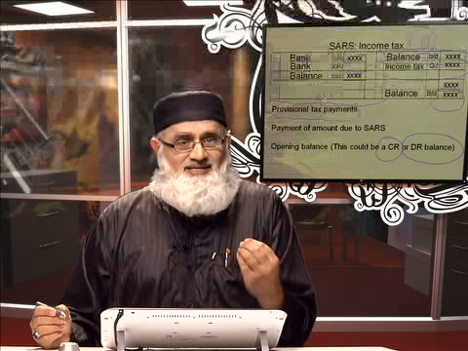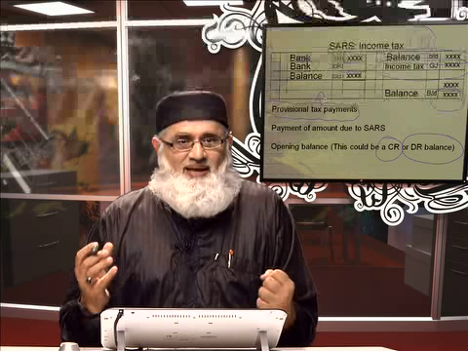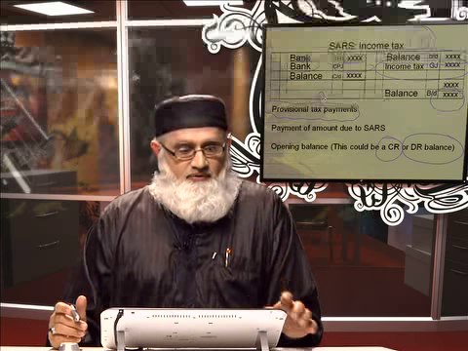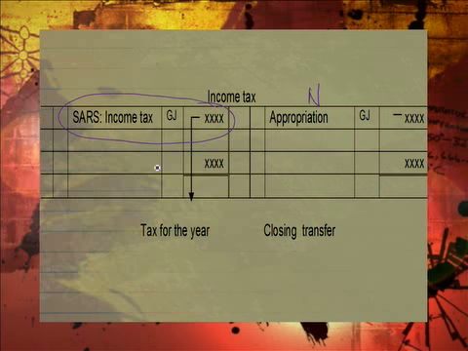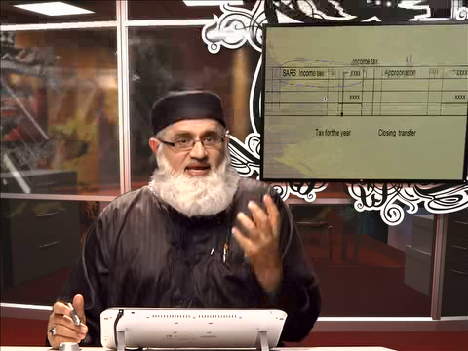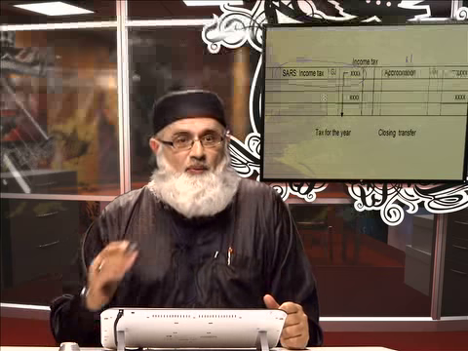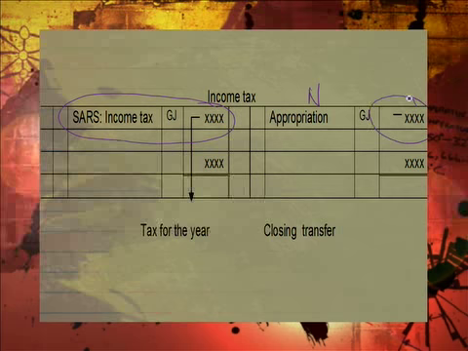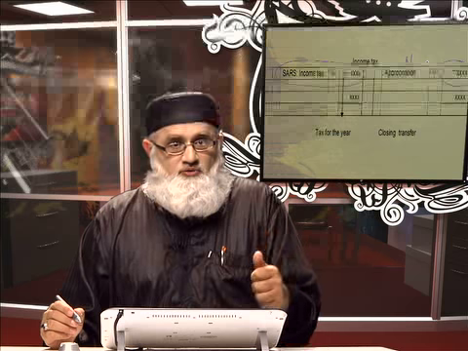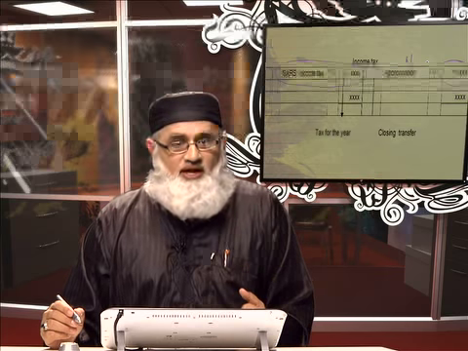So understand that this account can either have a debit or a credit balance at the end. Clear? Right. Now, what happens to income tax? Income tax, being a nominal account, being an expense to the company, needs to be closed off. And where are we going to close it off to? We're going to close it off to our appropriation account, that final account. You will see just now how we deal with that particular account.